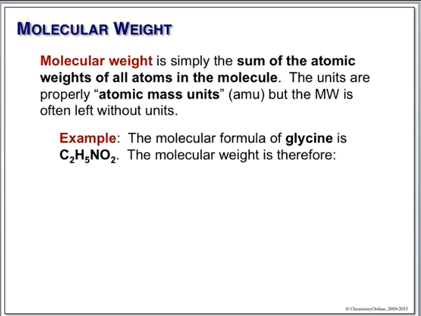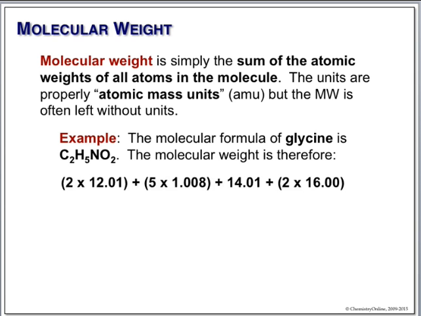We remember that carbon is 12.01. We have 2 carbons at 12.01. Look over there. Hydrogen is 1.008. We have 5 of them. We have 1 nitrogen, it's 14.01. And we have 2 oxygens at 16. Multiply all those things out, add them up.